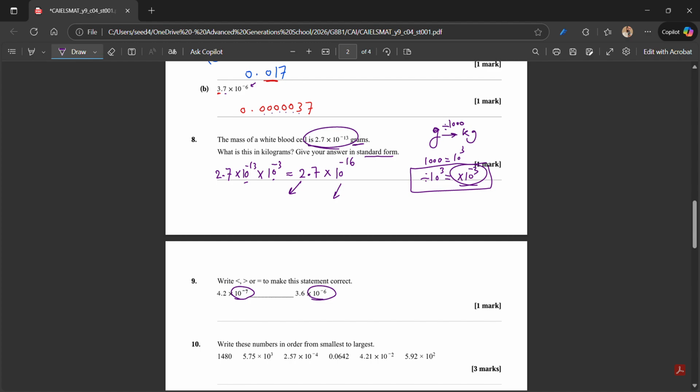Once the powers are both negative, you have to check which one is smaller, negative 7 or negative 6. Negative 7 is smaller than negative 6, so because of that this will be bigger. No need to do anything else, just compare the powers of 10.